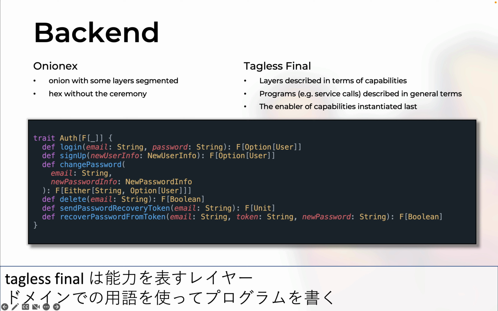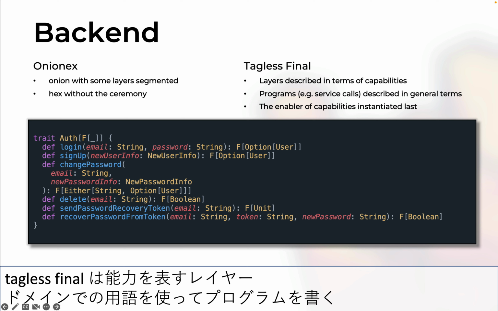So these programs, that is the business logic, for example, the service calls, are described in very general terms, and the implementation details are only provided later. So the enabler of the capabilities, that is the type class instances themselves, are instantiated last and provided only when those services are instantiated.